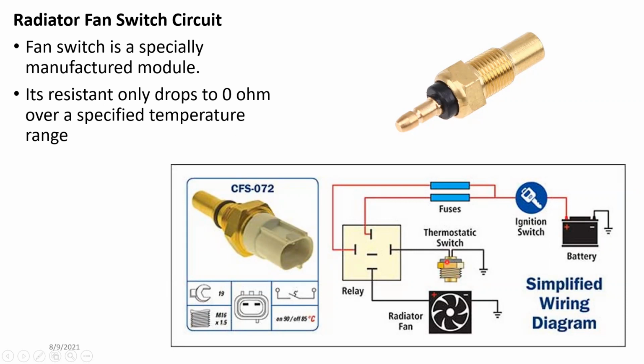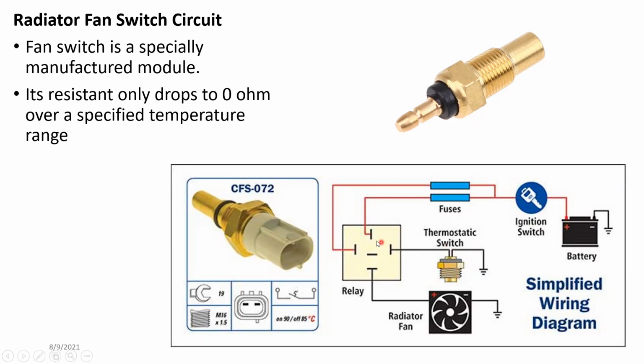But until the temperature goes over 90 degrees, this is open, so no electricity passes through. It will not go to earth, so we have to wait. Once it goes to 90 degrees, earth will be connected, so electricity can actually flow.